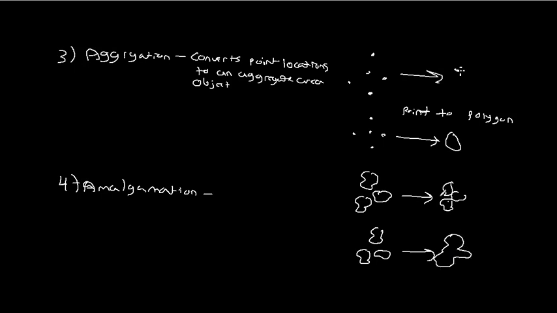We blend these lines together to make one polygon. We group individual polygons into a single polygon. So aggregation works when we go from points to polygons. Amalgamation does the same thing when we go from multiple polygons to a single polygon.